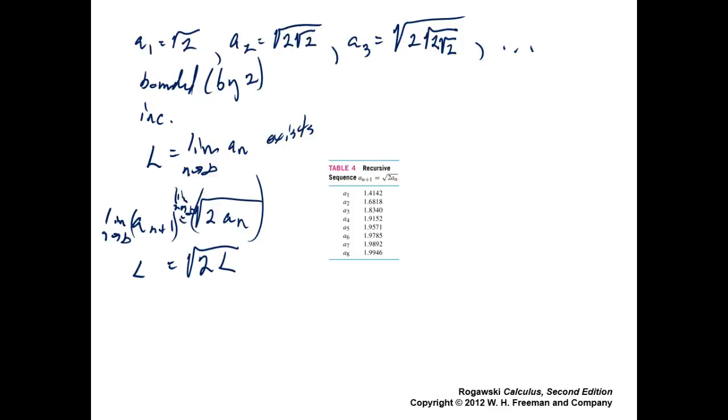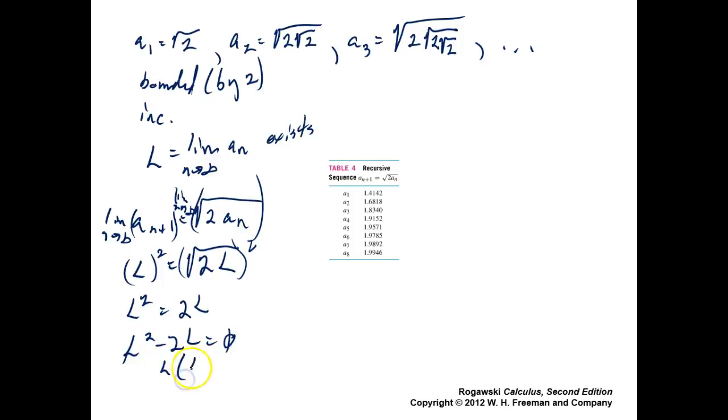How could we solve that for L? How do you undo a square root? Square it. Square this, square that. So L squared is equal to, the square of the square root of 2L would be 2L. So this says that L squared minus 2L is equal to 0.